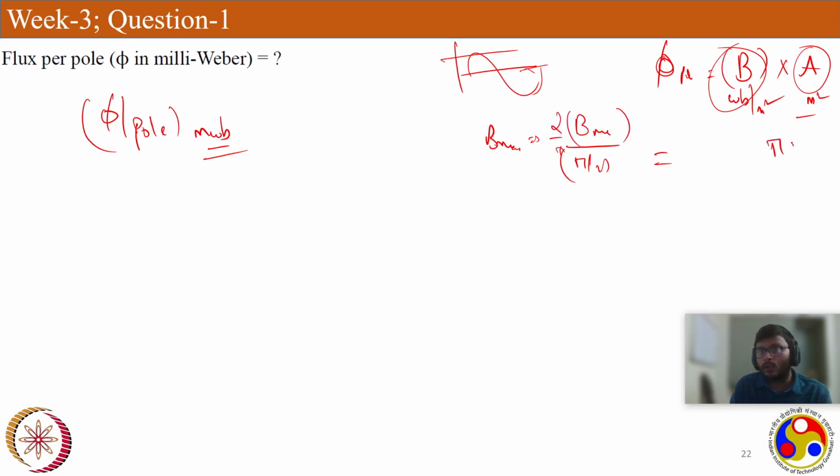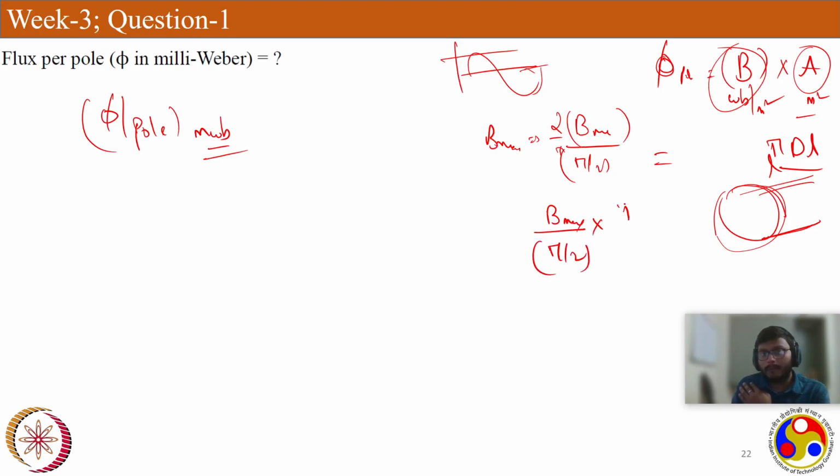And area, you know, is pi D L, because you have been given these parameters, length and D. Pi D will be the circumference and L will be the length, which gives the cross section of the pole shoe. So this is one way to calculate it: 2 by pi of B max multiplied by pi D L. This will give the flux per pole.